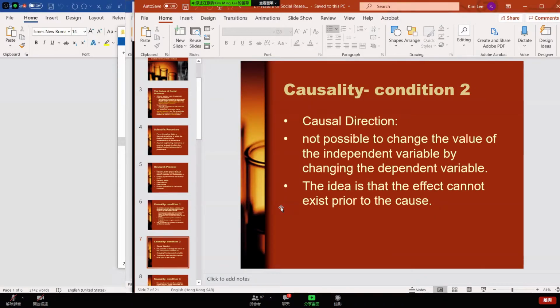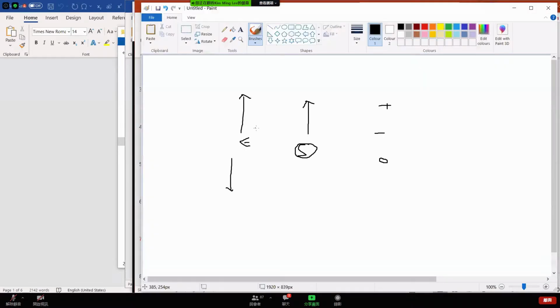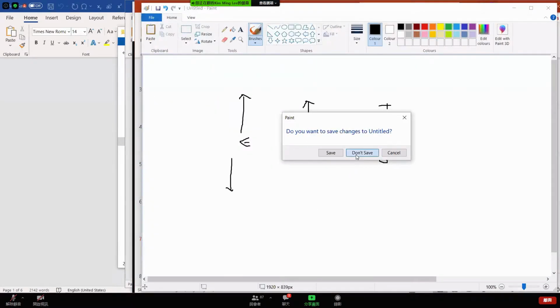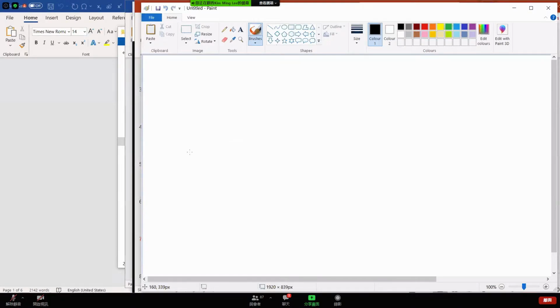For example, I give you one thing. In social science, especially in sociology, there's one theory talking about classes. This is what we call the status attainment model. The status attainment model says your father's education and your mother's education actually affect your educational level.